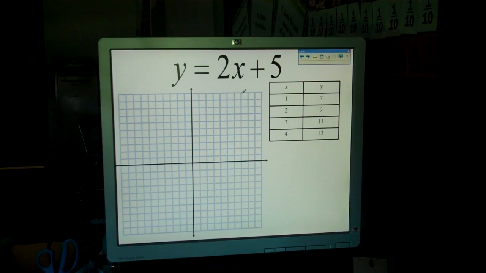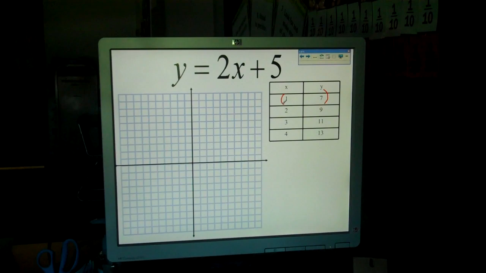Now, I've brought this back. This is our function. Our function has made a relation. Okay? A relation is just simply the comparison of two things. So here we have 1 and 7. These are our relations. Now, not every relation, so not every set of ordered pairs, will make a function.